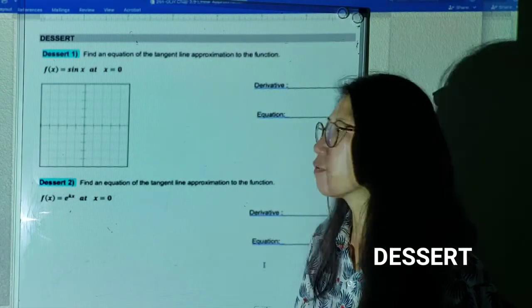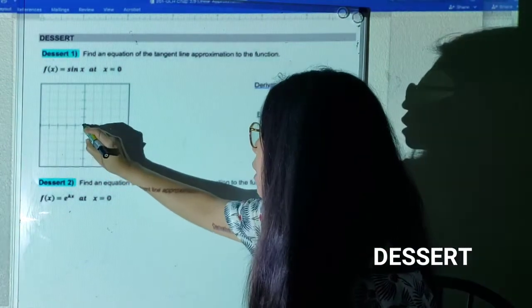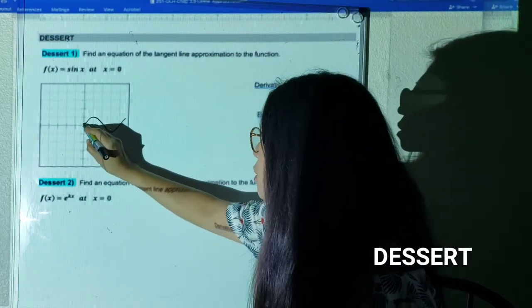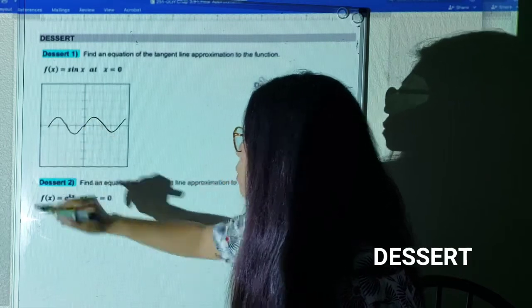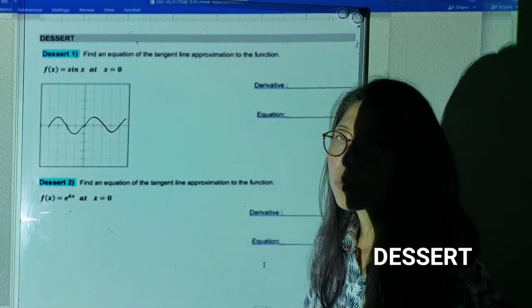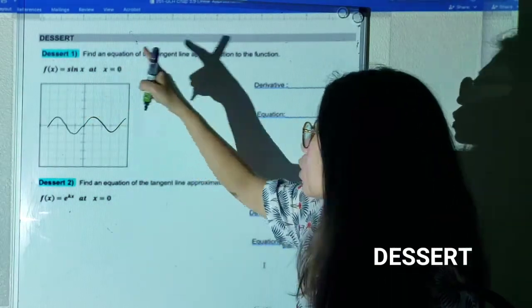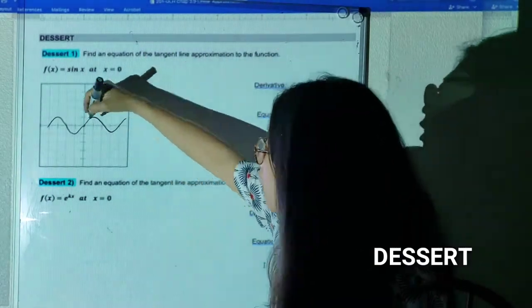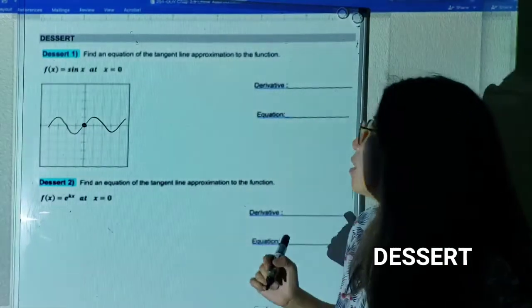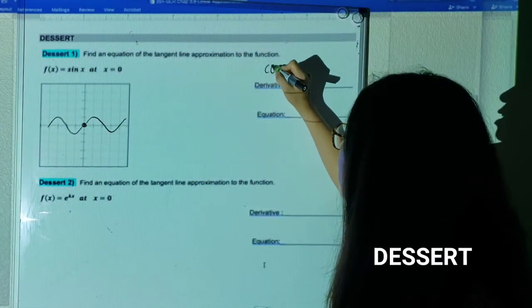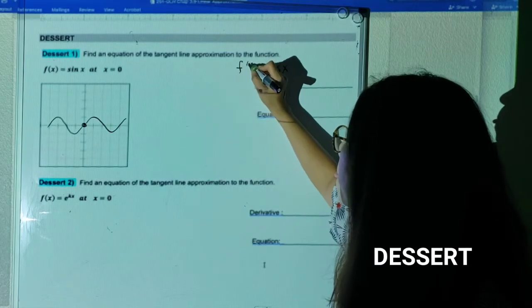So think about the sine function in old times. How did they guess this function value? This is also one of the uses of linear approximation. For the sine function, I want to find the value at 0. Then let's take the derivative, which will be cosine x, right?